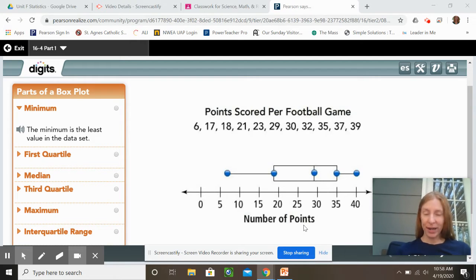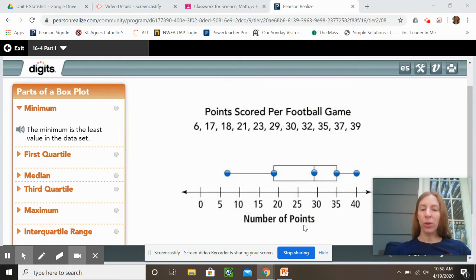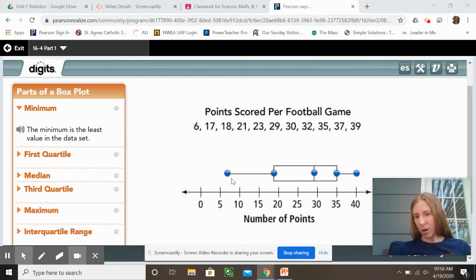So we know what range is, and it's just like the range, although you're using quartiles. So if you see these 5 data points that have been selected for the points scored per football game, a normal range would be the distance between the maximum and the minimum. So you would do 40 minus 6 or whatever it is to find the range.